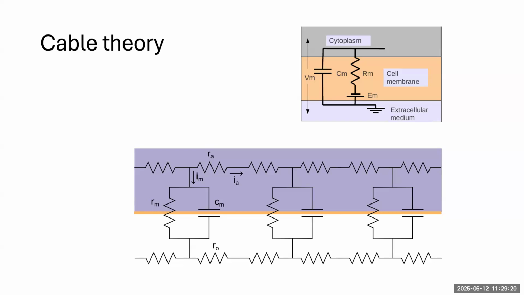Now you can also do something. This should be small cm. You can multiply both sides by Rm, and what you have is Rm by Ra times the partial derivative of V with respect to distance.